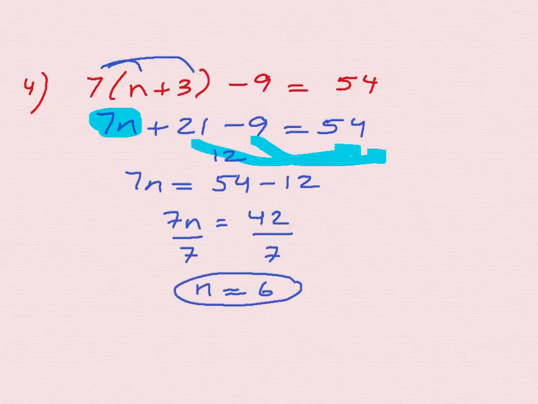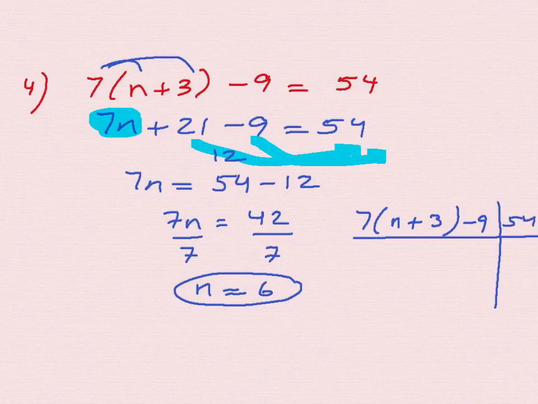If you wanted to check that, if you were a big nerd and really wanted 100% for your exercise, then what you can do is rewrite your equation, and everywhere there's an n, substitute your answer. So 7, we're saying n is equal to 6.